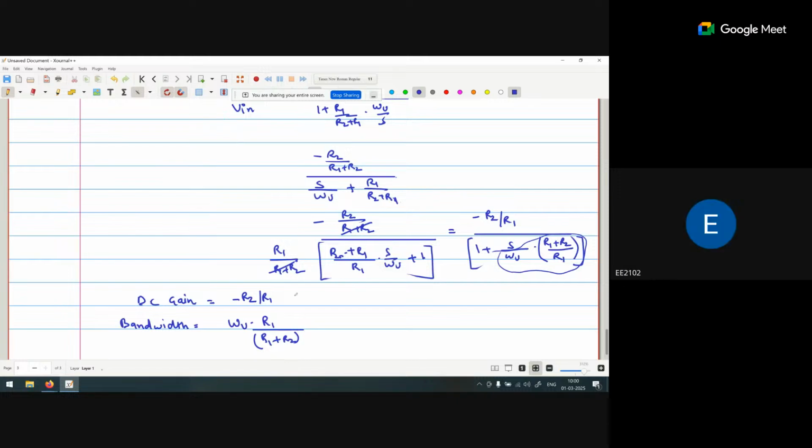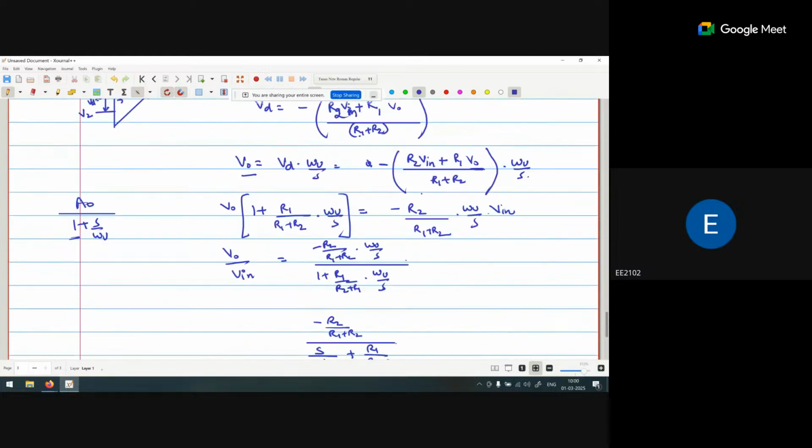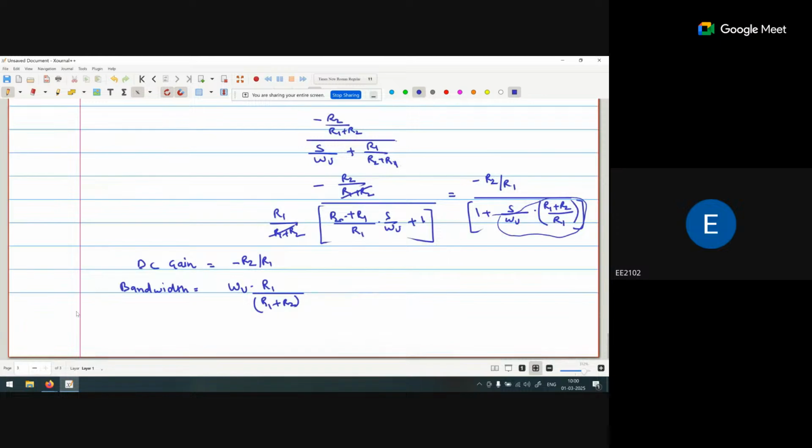Yes. So the DC gain and bandwidth are different from the professor's because the professor is using R1 as R and R2 as KR.